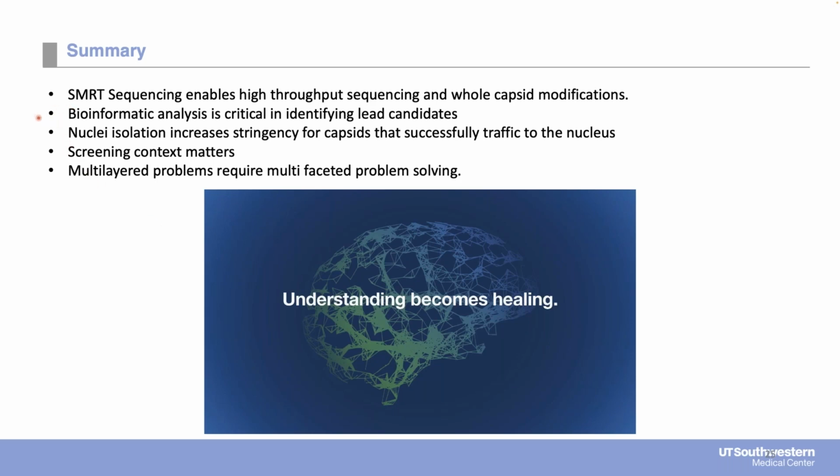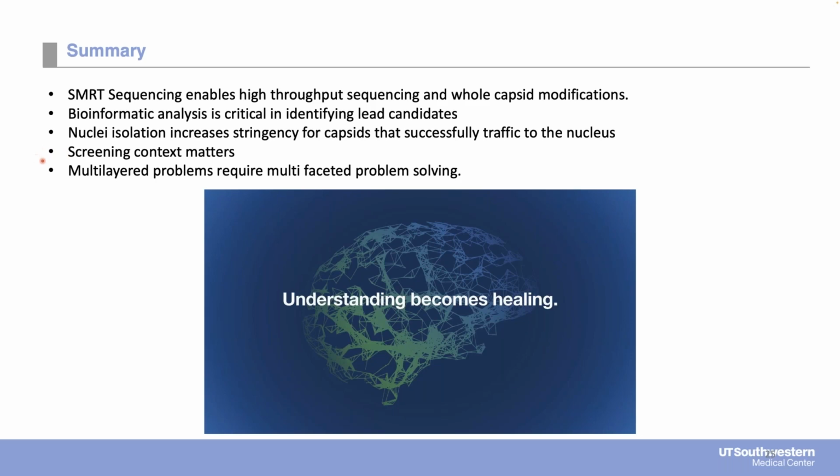Additionally, this bioinformatic analysis is critical in efficiently and effectively identifying capsids that are important functionally moving forward. What I really want to stress from the publication is that we found that isolating nuclei is important for our screening process in order to identify capsids that are functionally relevant.